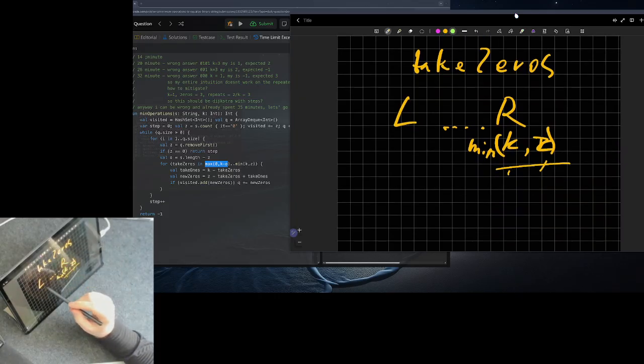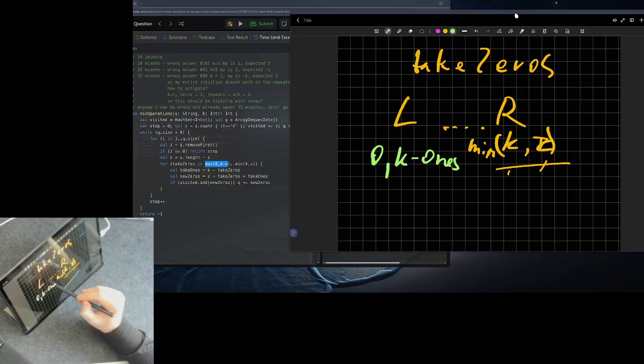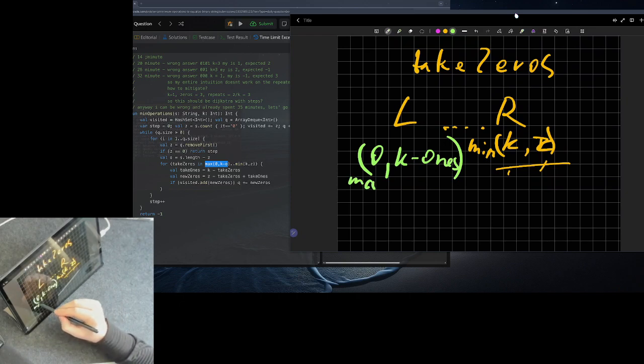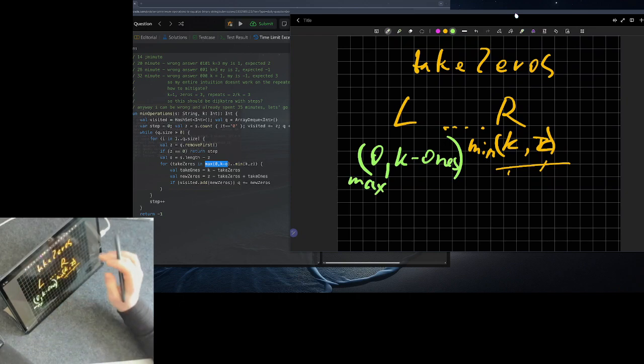And for the lower bound you have to consider how many ones you have. So 0 or k minus ones. This is the lower bound, and this is the maximum. And this solution worked fine. So it's the same idea, visited set.